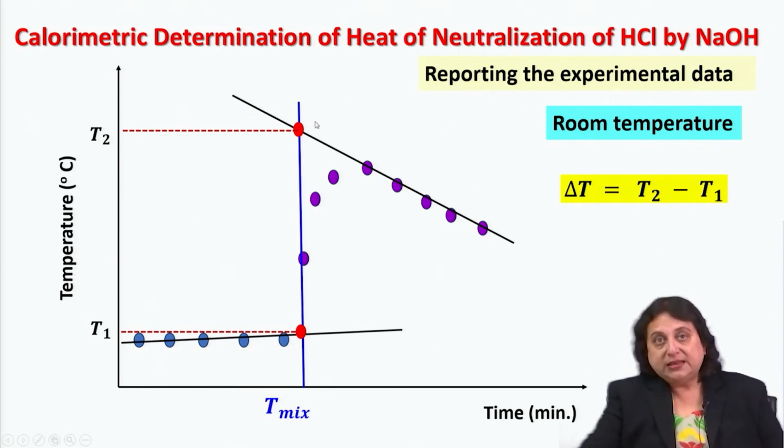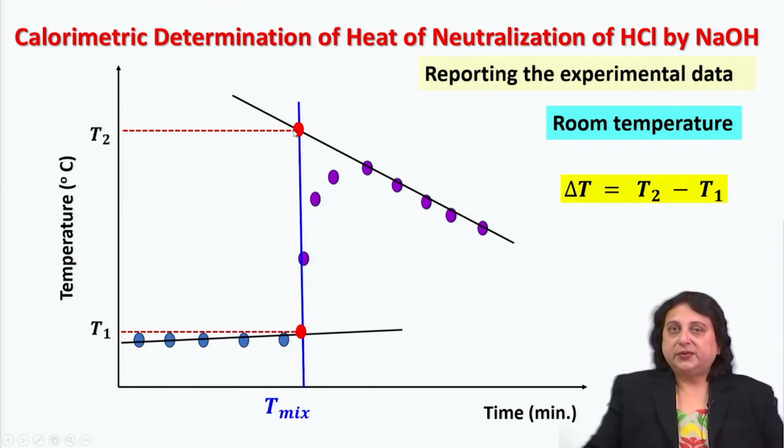Now, what is this particular point? This particular point tells me what would have been the temperature of the solution or my experimental setup inside the calorimeter if I did not have the irreversible heat loss during the mixing procedure.